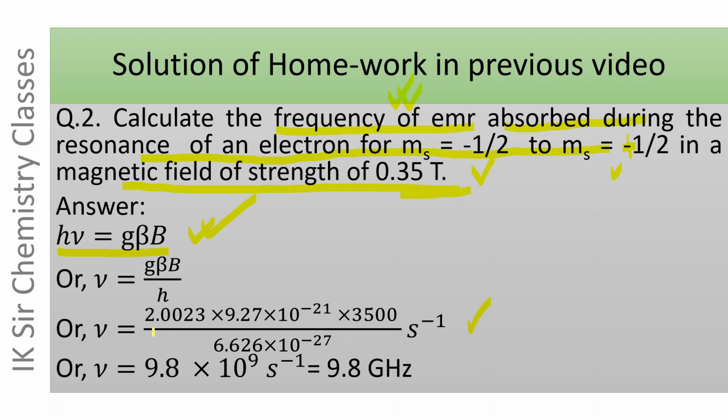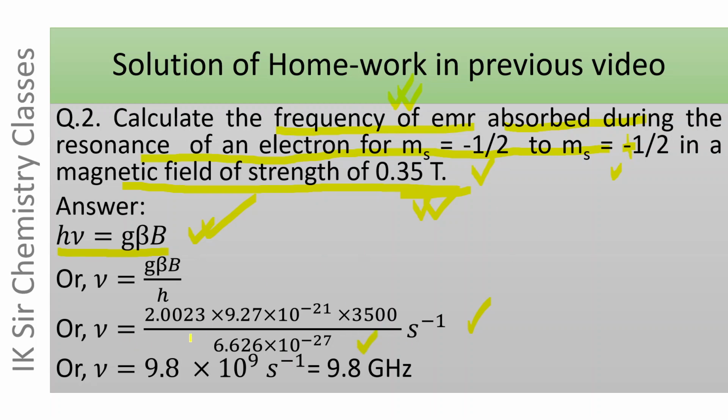Nu will be equal to 2.0023 into 9.27 into 10 to the power minus 21 multiplied by, we already know that 1 Tesla is equal to 10 to the power 4 Gauss, and therefore 0.35 Tesla will be equal to 3500 Gauss, and the value of h is given here.